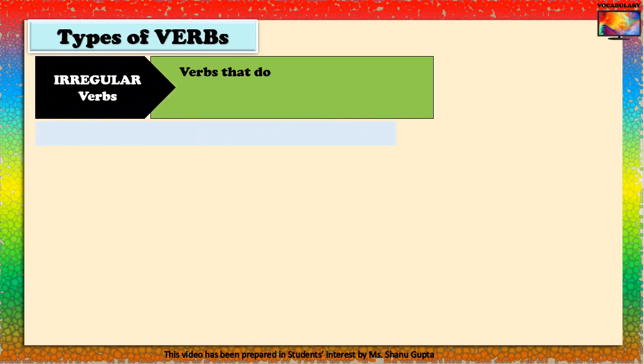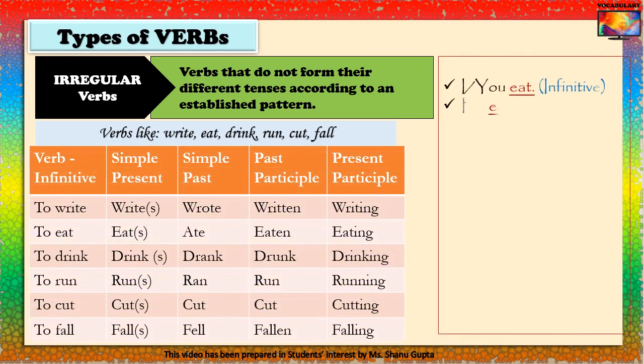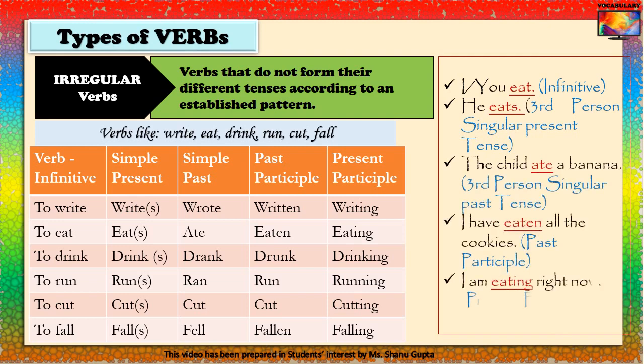Irregular verbs, on the other hand, are called so because they don't form their simple past or past participle by adding "ed." They have some other forms which have to be memorized in order to form the tenses correctly. Examples are verb forms such as write, wrote, written, or drink, drank, drunk.